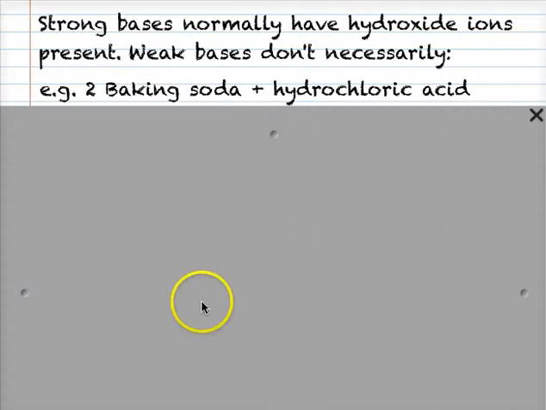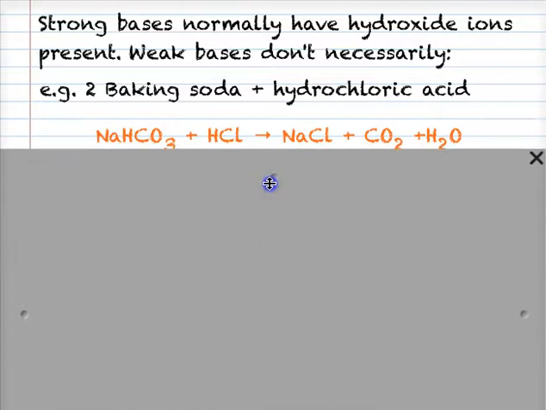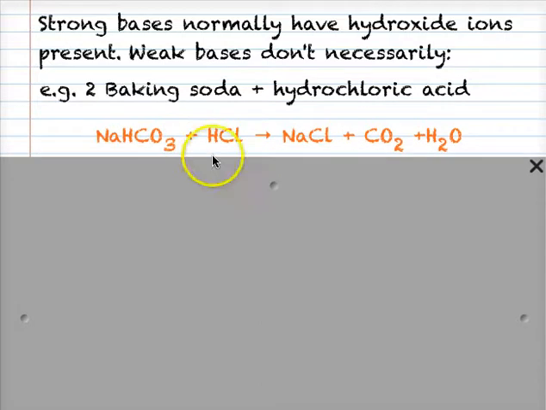So in the previous example, we were looking at a strong base, sodium hydroxide, and strong bases usually have hydroxide ions present, OH ions, but weak bases don't necessarily, but weak bases can still be hydrogen acceptors. Let's take a look at baking soda and hydrochloric acid. Again, it's a reaction which we've seen before.